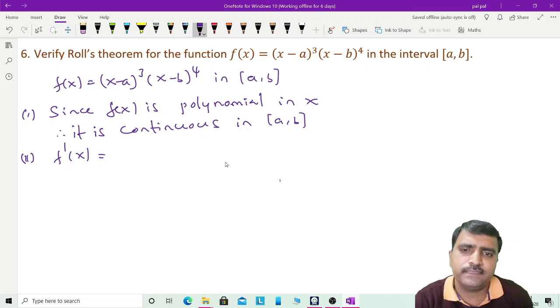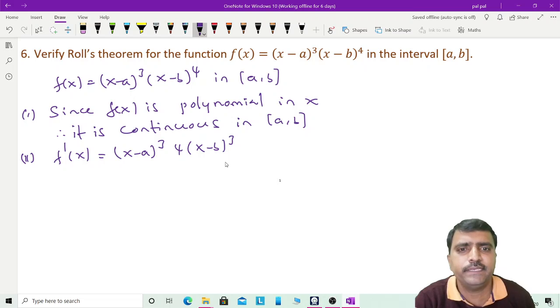F dash of x is equal to first into differentiation of second: x minus a whole cube into differentiation of x minus b whole to the power 4, which is 4 into x minus b whole to the power 3, plus similarly differentiation of first into second.